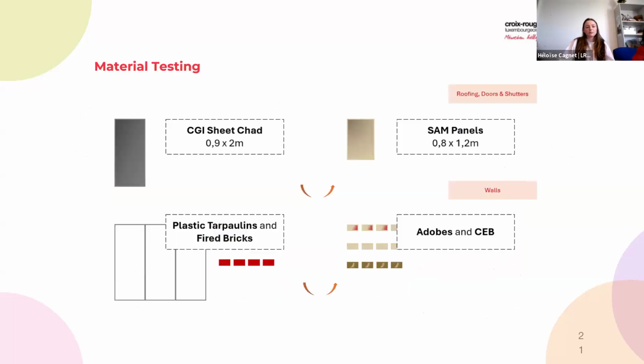So this is a scheme of how we tried to test alternatives for traditional materials. For roofing, we took the traditional corrugated iron sheets that are pretty durable and that could be used and reused long term, but that have a high impact when it comes to embodied carbon and also heat the shelters indoors.